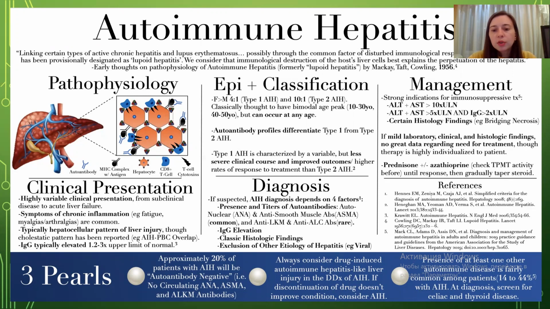If discontinuation of the drug doesn't improve the condition, consider this variant of hepatitis. And presence of at least one other autoimmune disease is fairly common among patients with autoimmune hepatitis, and for diagnosis, screen for celiac and thyroid disease.